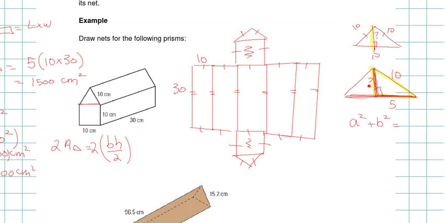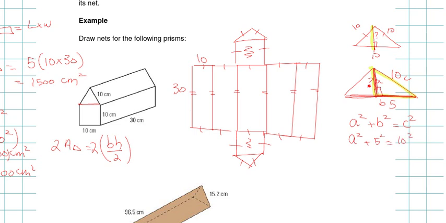Remember that c is your hypotenuse, and in this case, my hypotenuse is 10. So, I don't know what a is, I know b is 5, I know c is 10. So a squared plus 5 squared equals 10 squared.